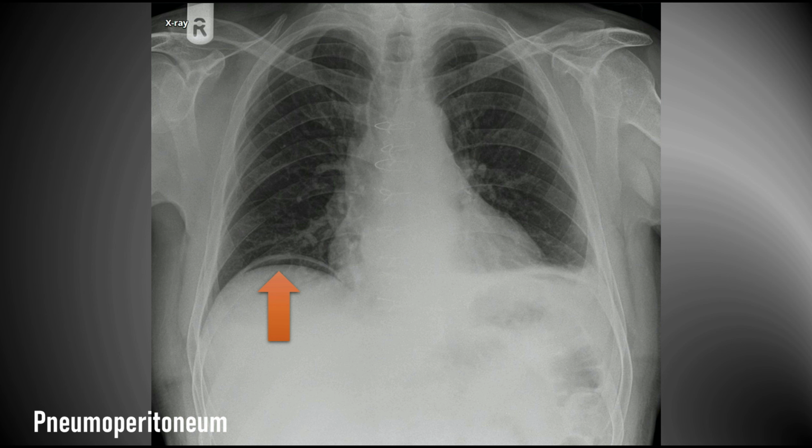The most characteristic sign on chest X-ray is free air under the diaphragm. Remember that air always rises to the top, so if it is in the abdomen, it rises up to the diaphragmatic surface if the patient is erect and it gets stuck there. However, if the patient is lying flat, there may be a cupola sign, that is a dome-shaped radiolucency below the central part of the diaphragm.